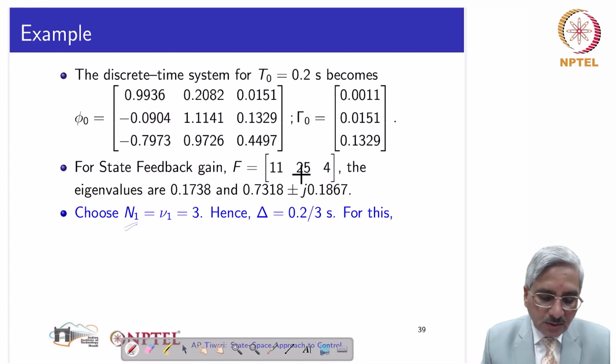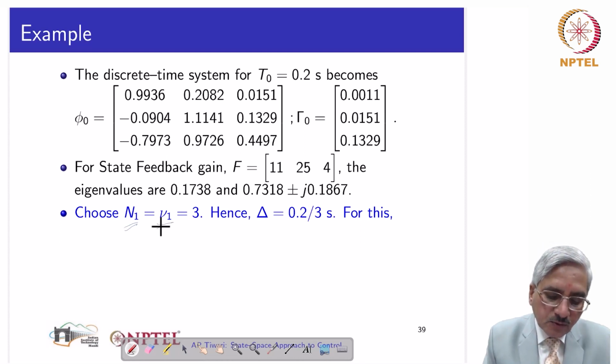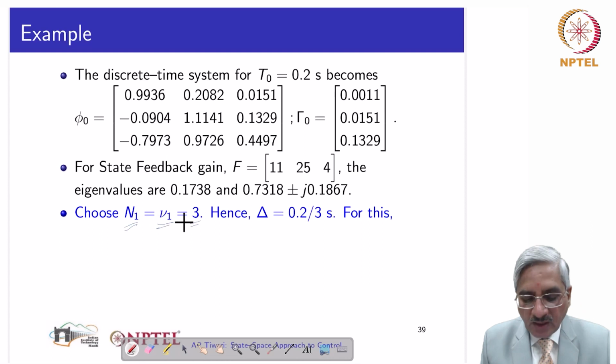So we choose N1 as the same as the observability index, which is 3. And so delta will be 0.2 by 3. This is N1 T0 by N1, this is what delta i is.